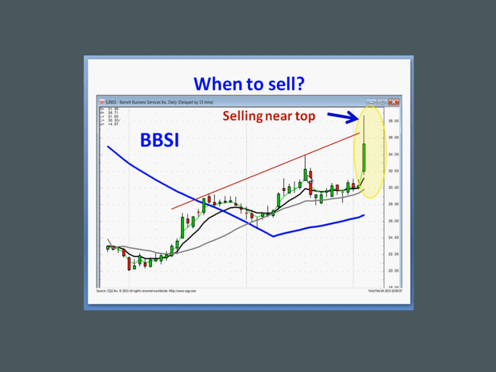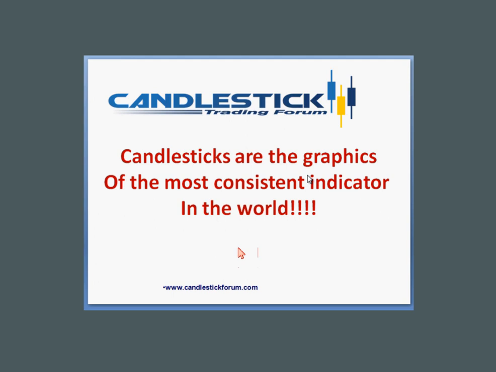What would your definition be of far away? You can visually see what the norm is and what the excessive norm of being far away from the T line is. So candlestick signals use the most consistent indicator in the world, and that's human emotions.